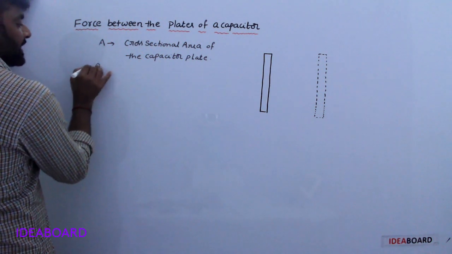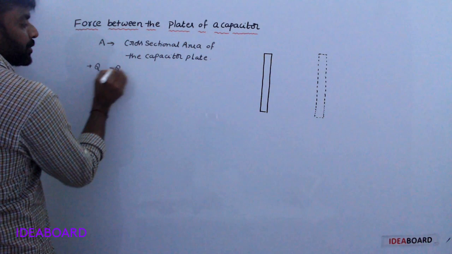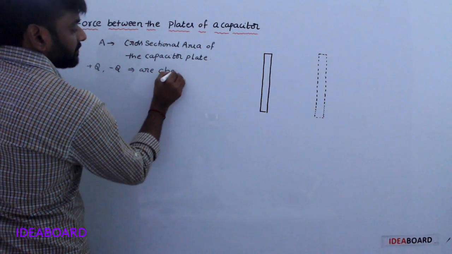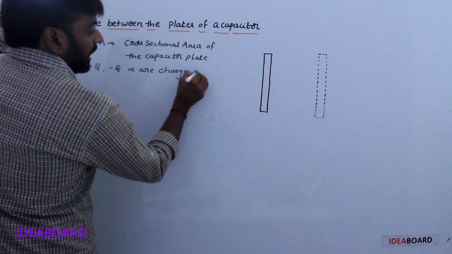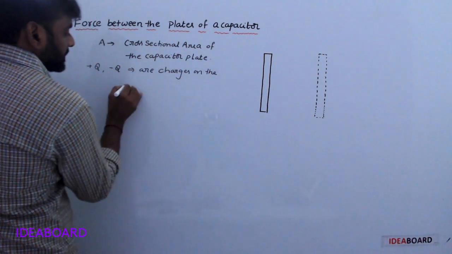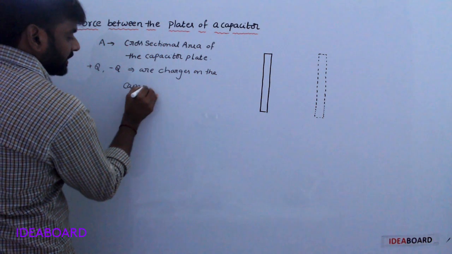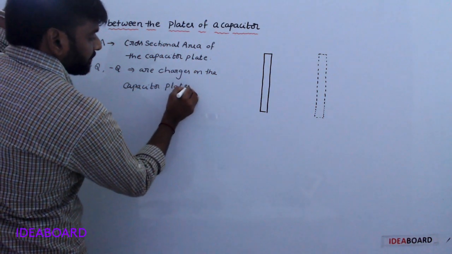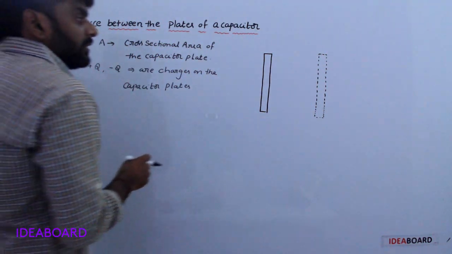Now plus Q and minus Q are the charges on the capacitor plates. Understood?